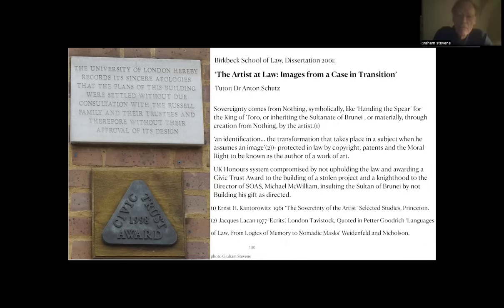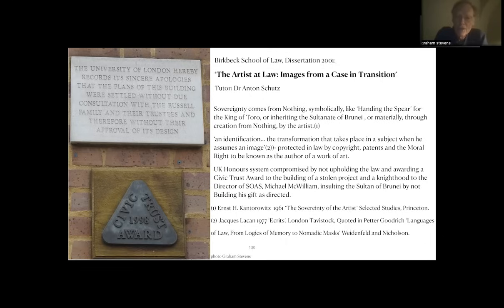The Brunei Gallery is finished, and this plaque was put on the side apologizing to the owners of the land. They had obviously failed to inform the landowner, so they hadn't gone through the procedure correctly. And then they'd stolen the project.